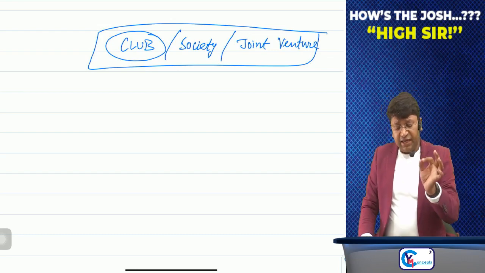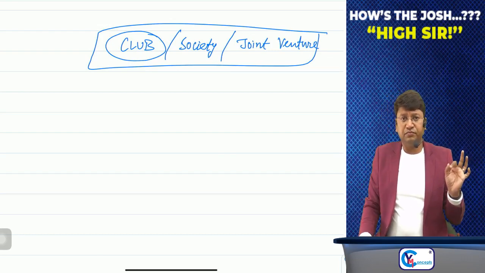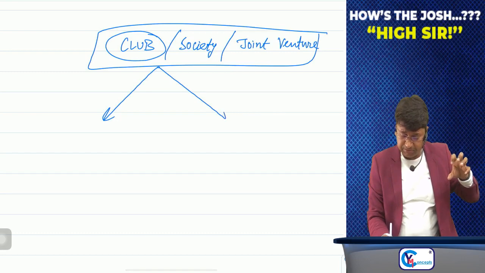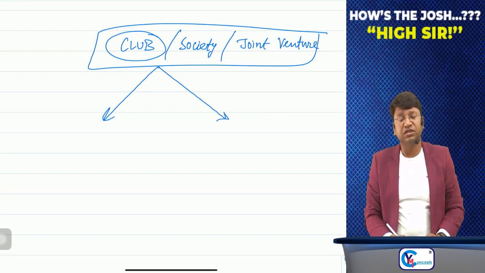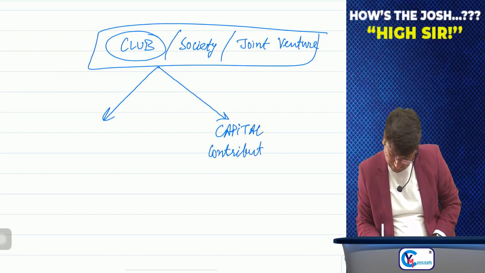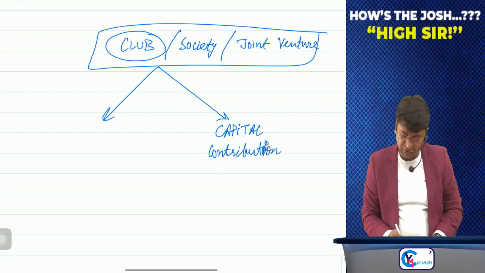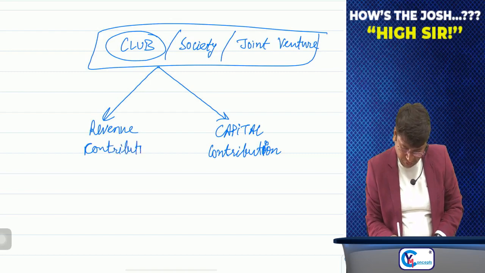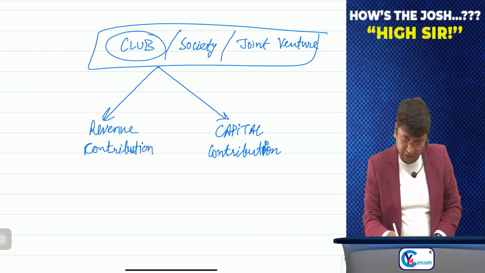sir, if the society, club, joint venture or any AOP BOI asks for any contribution from the members, there are two types of contributions. Sir, one is capital contribution, another is revenue contribution.